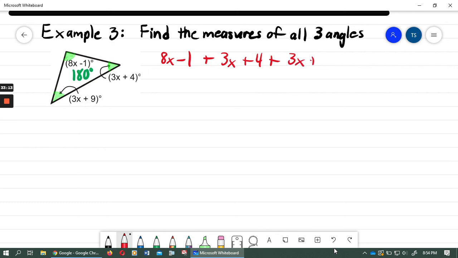So all 3 angles added together, the sum of them, are always going to be 180 degrees when we've got the 3 interior angles of a triangle. So there we go. We've got our equation. That equation came from using the triangle angle sum theorem.